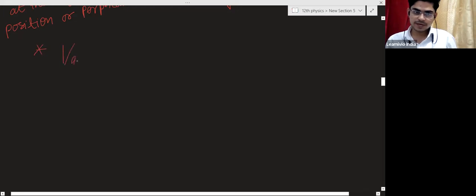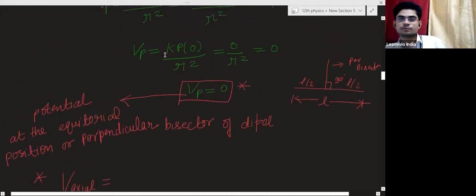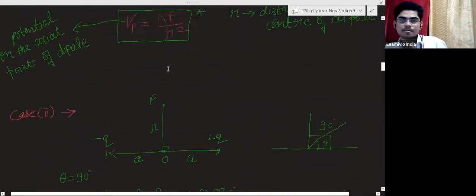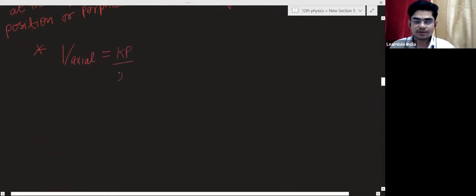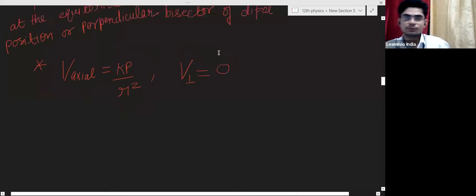Potential at the axial position, what is the formula? Kp by r square. Kp divided by r square, and V at the perpendicular bisector equals 0.